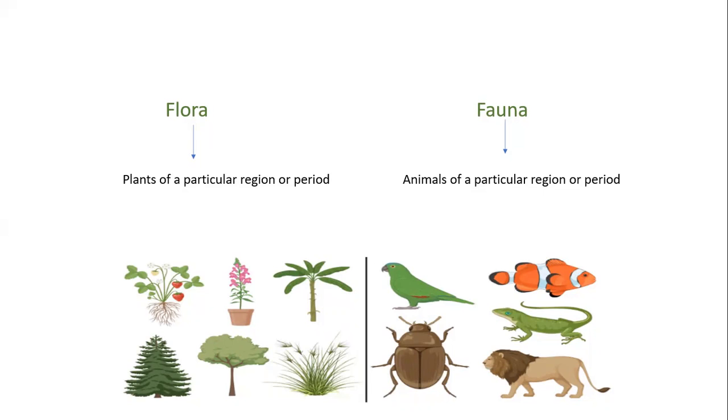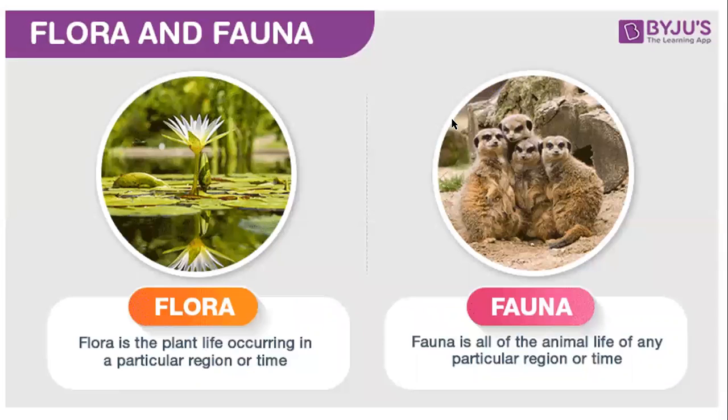Plants of a particular region or plants of a particular period are called flora, and animals of a particular region or the animals of a particular period are called fauna. So, flora is the plant life occurring in a particular region or time, and fauna is all the animal life of any particular region or time.